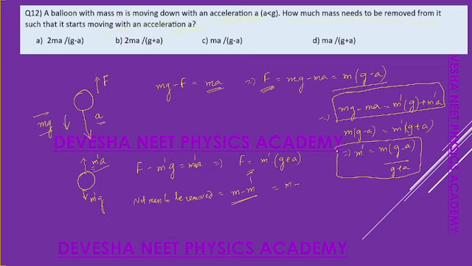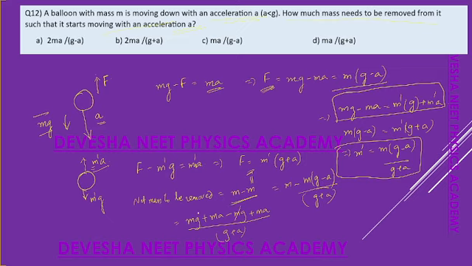This is what we have found till now. So if I find m minus m dash, the net mass to remove is m minus m dash. What is m dash here? m g minus a upon g plus a. So if we solve this, this will become mg plus ma minus mg plus ma on g plus a.